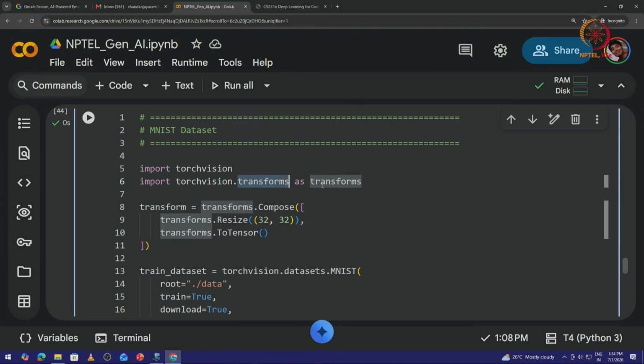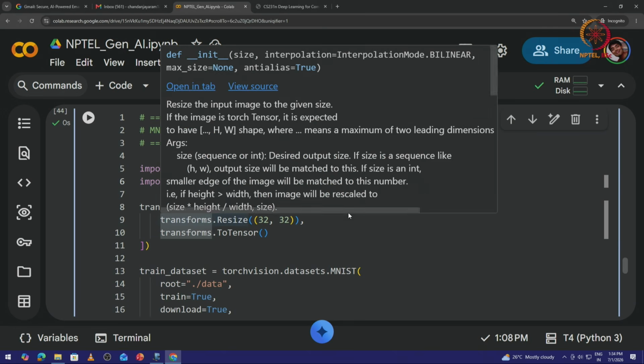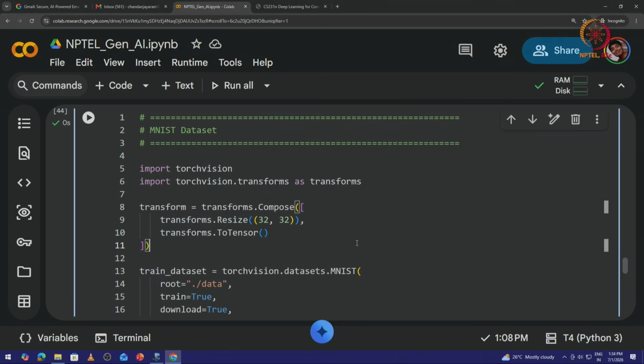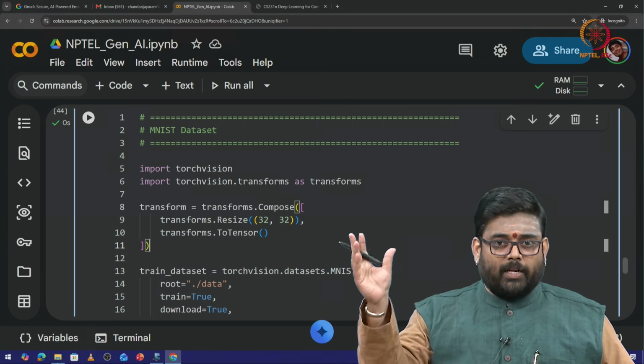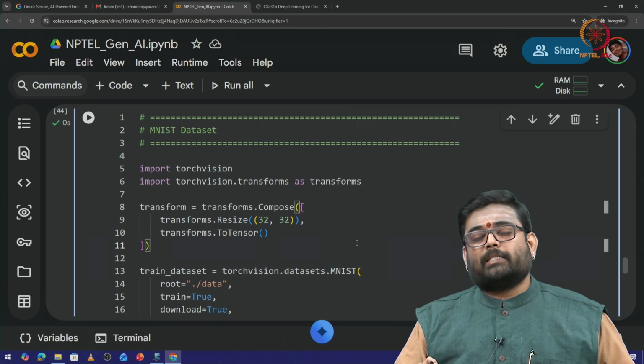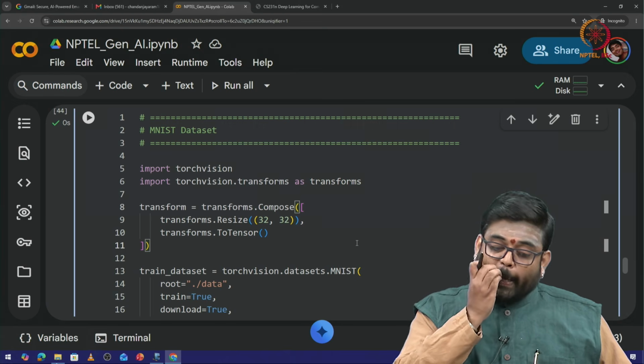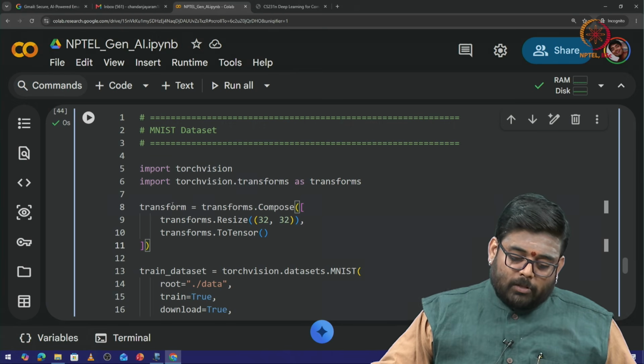So what do you mean by transformation? The input that you get may be in the format of NumPy or so, and that needs to be converted into a tensor. Sometimes you might want to resize it, sometimes you want to introduce a couple of other regularization ideas, which we shall be looking at somewhere down the line, the different regularization ideas that we can think of. Okay. Those are the transforms.